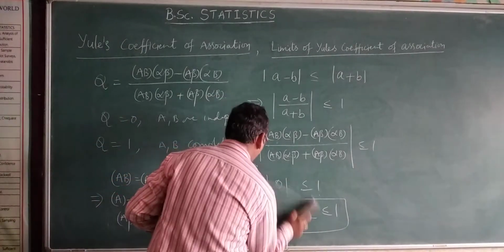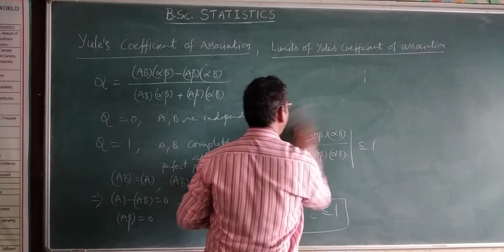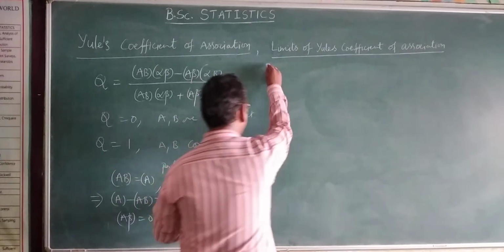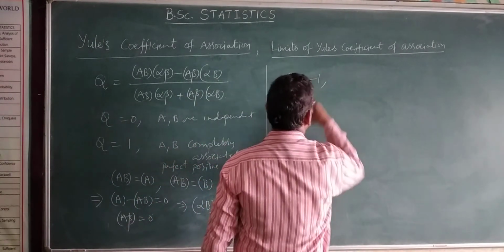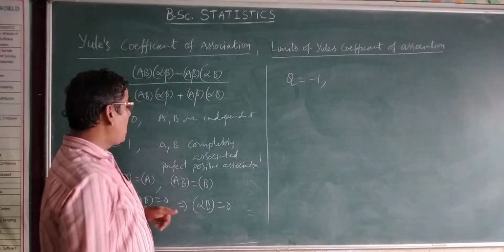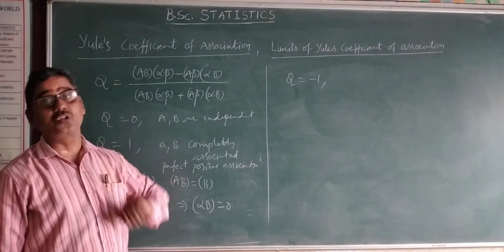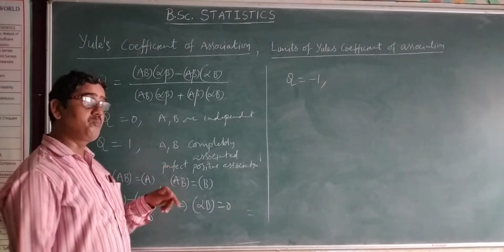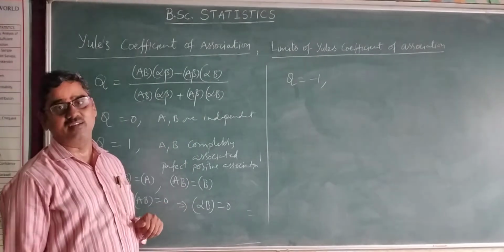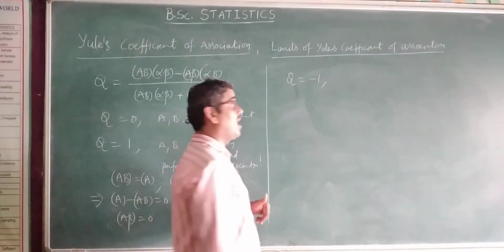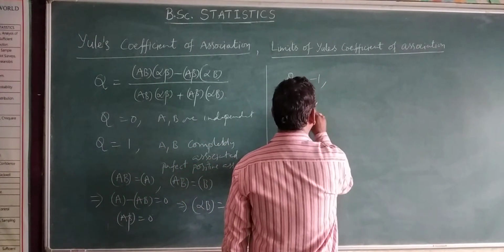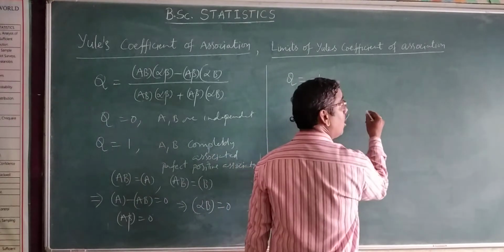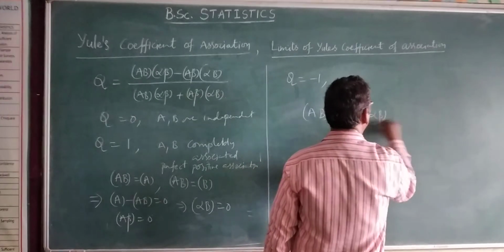If Q is equal to minus 1, then it is said to be complete disassociation, and also perfect negative association. This is the case where there are no A's that are B's, that is AB is equal to 0, and no alphas that are betas, that is αβ is equal to 0.